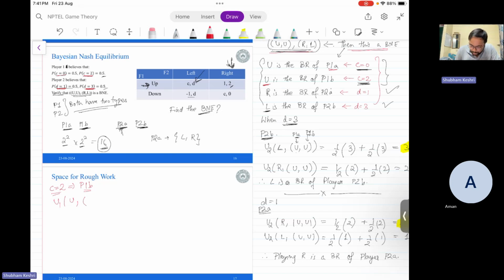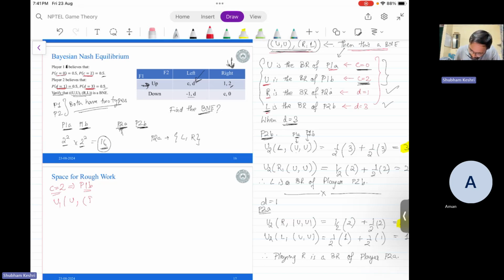When player 2 plays, over here you see player 2 can have... okay, so we'll use this because we are checking if the intersection of these best responses is there or not.